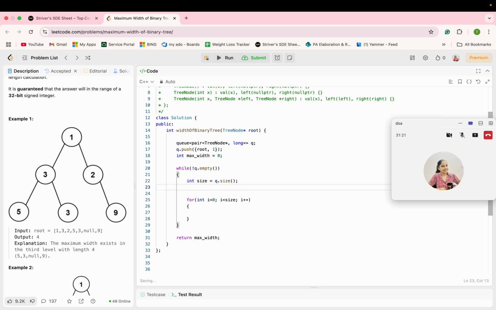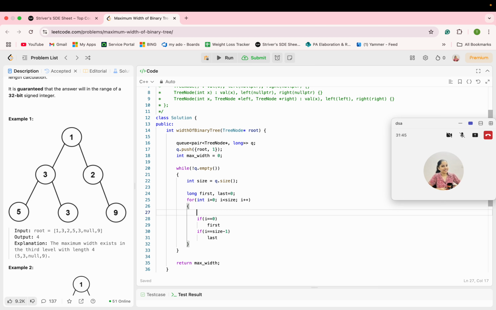We will also find out the min for that. Let us take first and last both as 0, and if i is 0, we will update the first, and if i is equal to size minus 1, we will update the last.